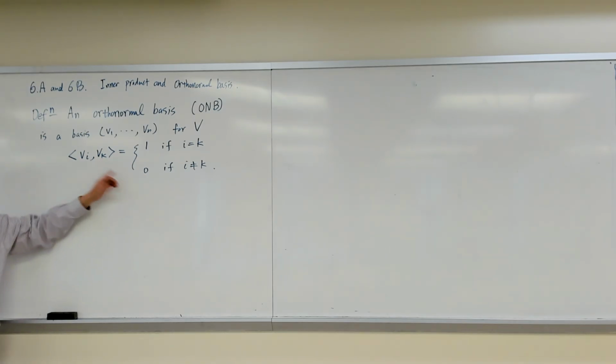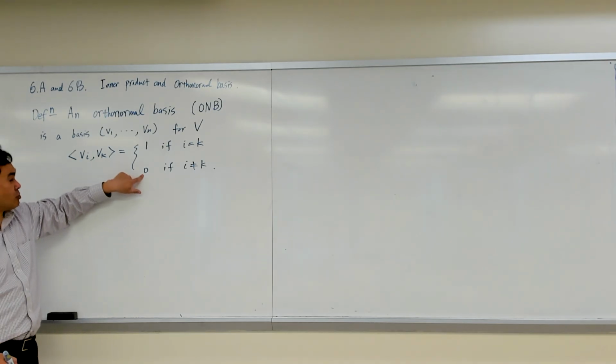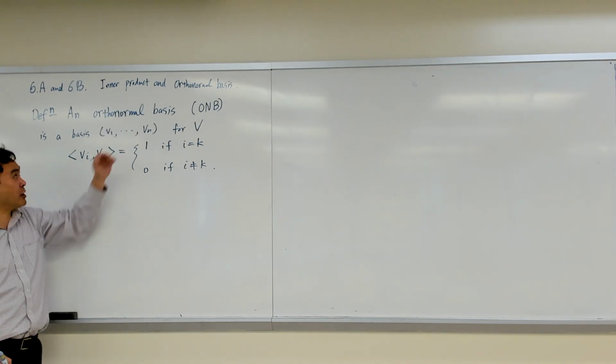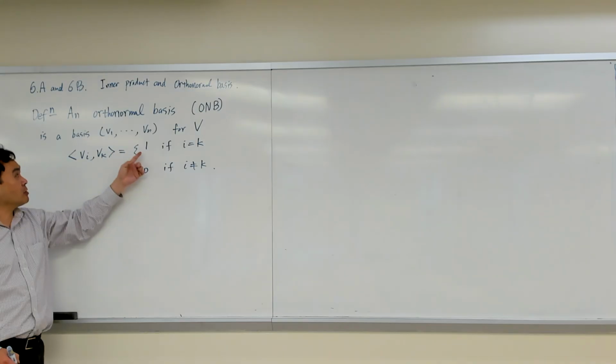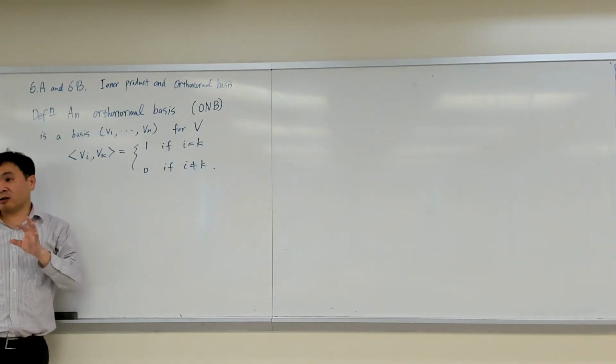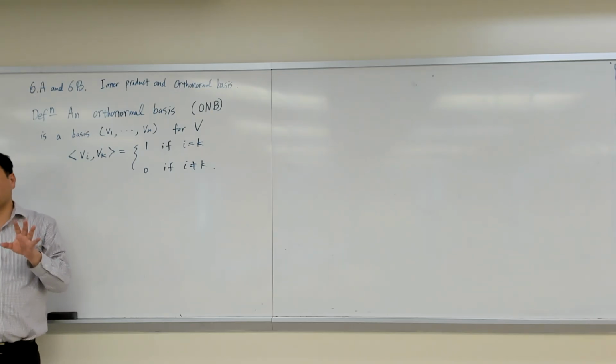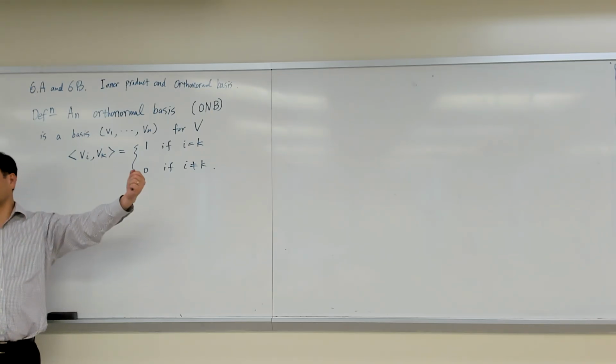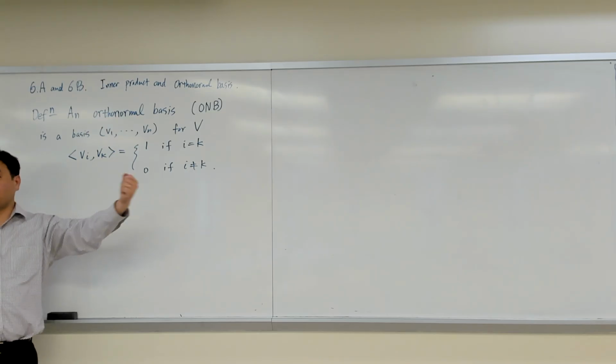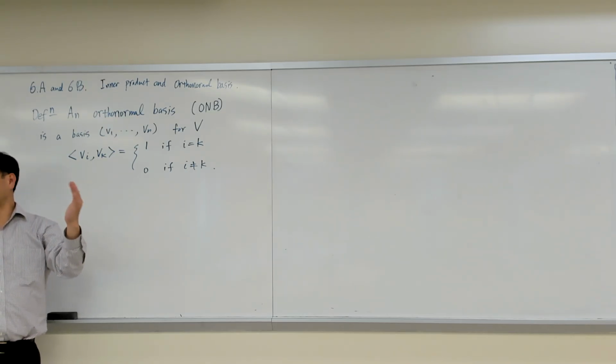Okay? So if you just have this, then it's just an orthogonal basis. But the normal part comes from normalization. What's a normalization of a vector? You have an arbitrary size vector. You can shrink it so that it has size 1, right?